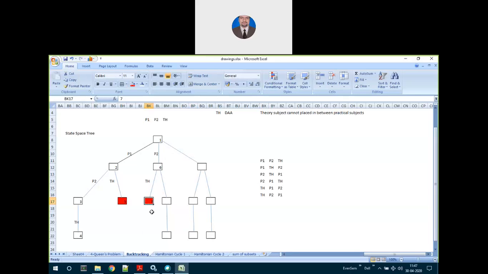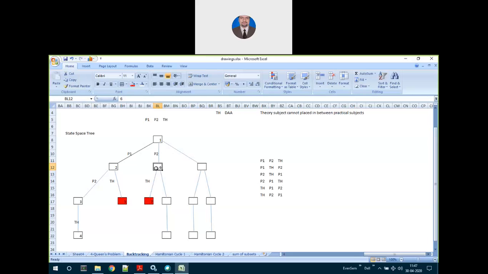Then I should traverse back, that is, backtrack to the previous node. So I come back to node number 6 here. From 1 to 6, I have taken P2, and then I tried 6 to 7 with TH, which was killed there itself.